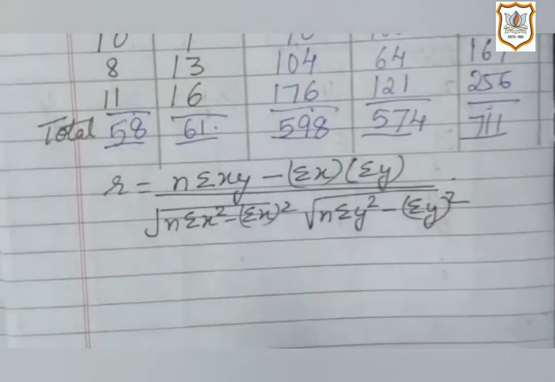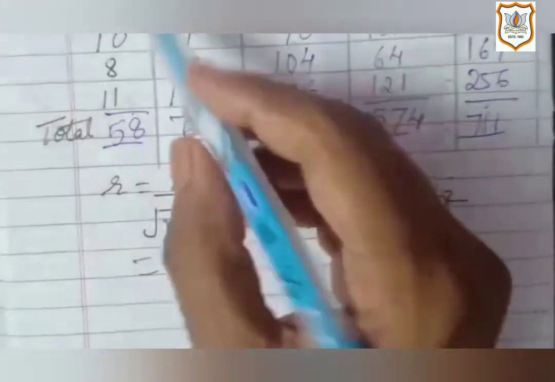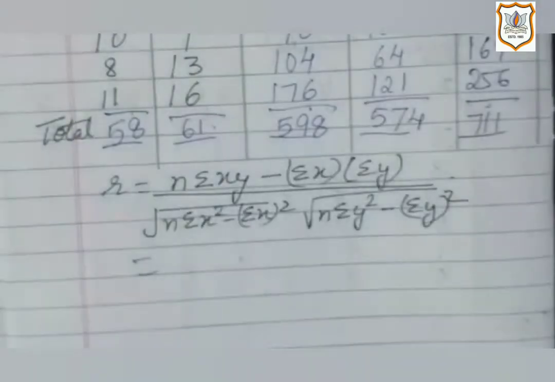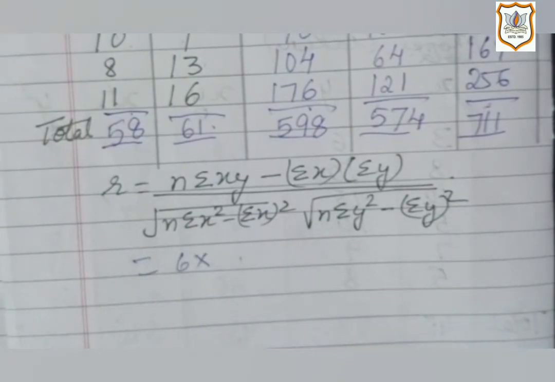This is the formula. Now let us substitute the values. N means the number of observations. Again here we are having 1, 2, 3, 4, 5, 6 observations. So it will be 6 into xy total.